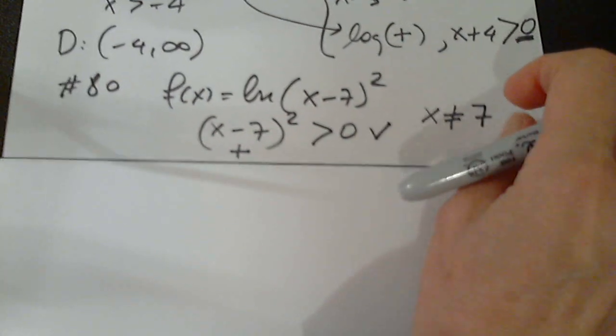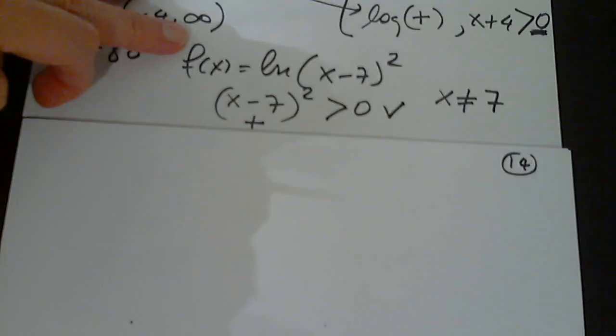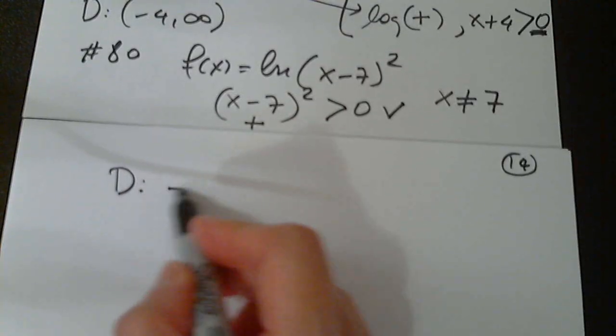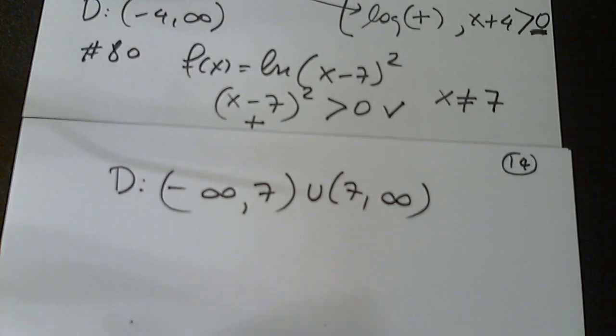So therefore, the domain of this function, oh, I forgot to number my, that was 12, sorry, 13 and 14. Okay, so then the domain of this function is, in plain English, everything except 7. Very good pick. Anything but 7.